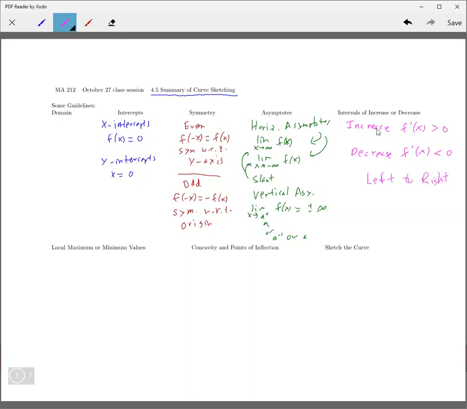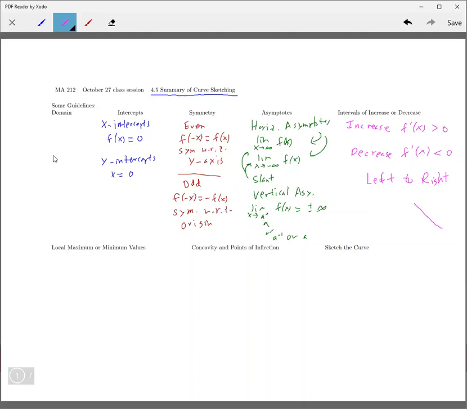Increasing means you're going up as you go from left to right, and decreasing means you're going down as you go from left to right. If it's going up as you go from right to left, that's decreasing, because it counts from left to right.